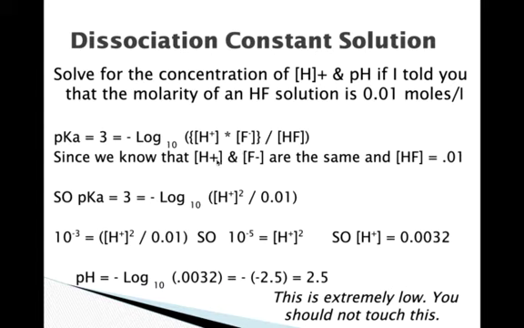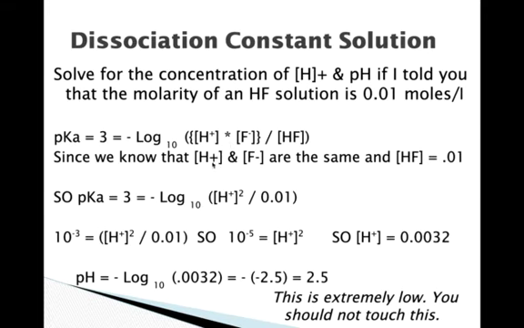And we know that these two have to be equal, so we can replace this F ion with the hydrogen ion and rewrite this equation. The pKa is equal to 3 still, which is equal to the negative log base 10. The concentration of our products is rewritten as the hydrogen ion squared because we've replaced the fluorine ion concentration with an equal hydrogen ion concentration.